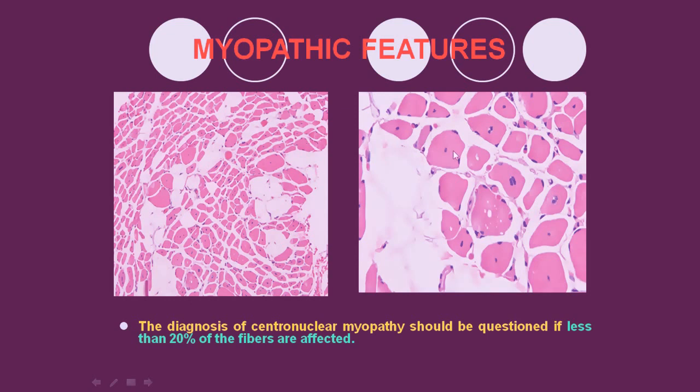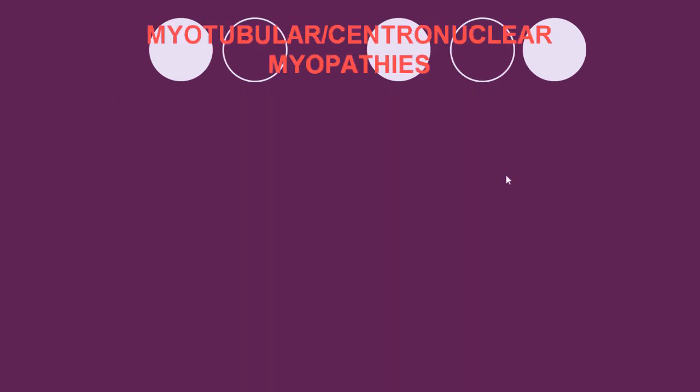We notice more than 20%. This is a central halo, indicating absent myofibrils, which is an indication of defect in muscle maturation and development.